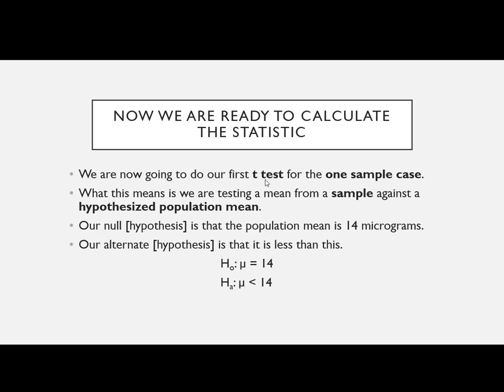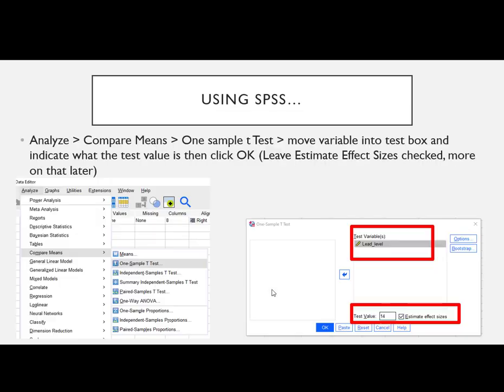We're going to do our first t-test for the one sample case, which is what we're doing because we only have one sample and we're testing it against a hypothesized population mean. So our null hypothesis is that the population mean is 14 micrograms, and the alternate is that it's less than that. Using SPSS, when you see these arrows, it means to do it in the order of the drop downs. So I go to Analyze, Compare Means, One Sample t-test.